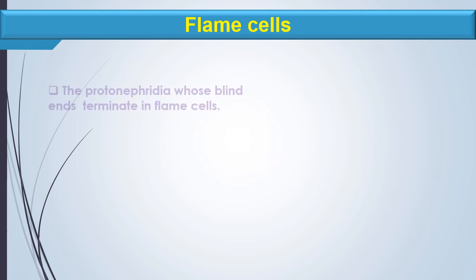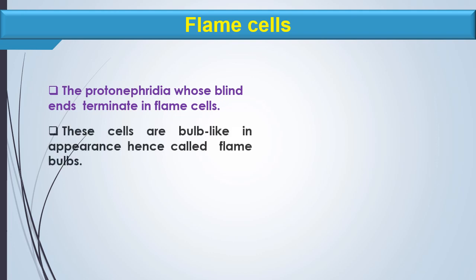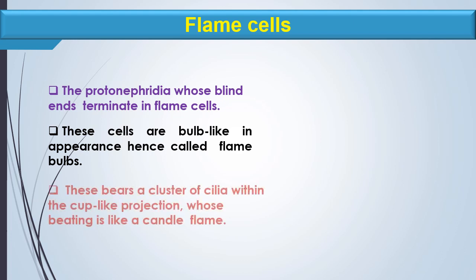The flame cells: the protonephridia with blind ends that terminate in flame cells. These cells are bulb-like in appearance, hence also called flame bulbs. These cells bear a tuft of cilia within a cup-like projection whose beating is like a candle flame.